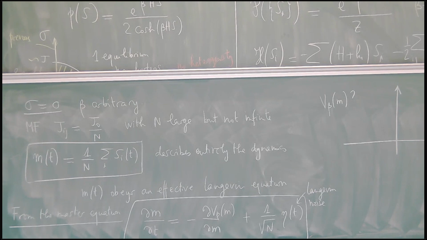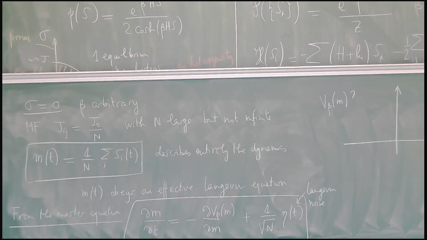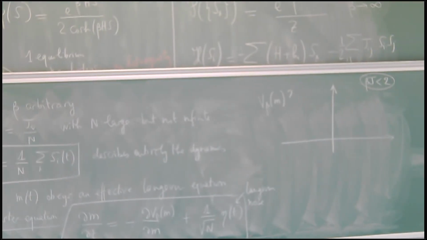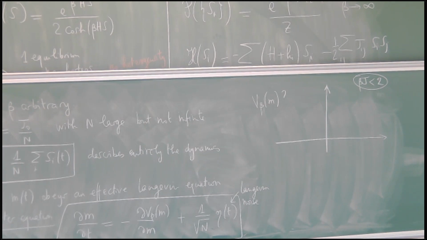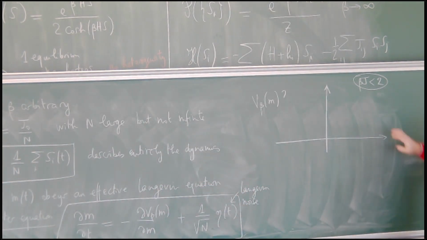I'm sorry? We cannot see the end of the graph. I'm sorry. Thanks. So if it's not 2, it's 4, this bound, but it's not very important for what I'm saying.